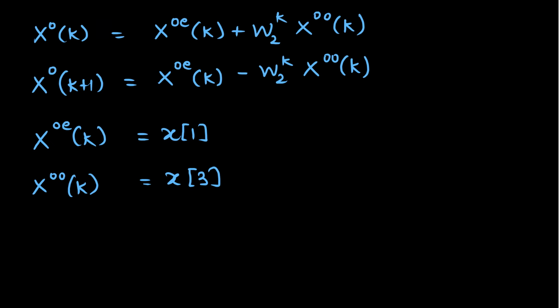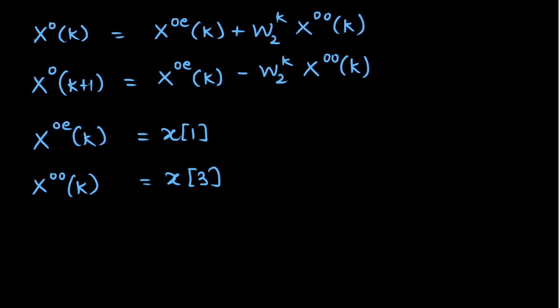So what we have is something like this: X odd of k is X odd-even of k plus W2 to the power k X odd-odd of k, and again we can find the next N/2 values by considering this factor of N/2 here. So X odd of k plus 1 is equal to X odd-even of k minus W2 to the power k into X odd-odd of k, where these two values are found like this.